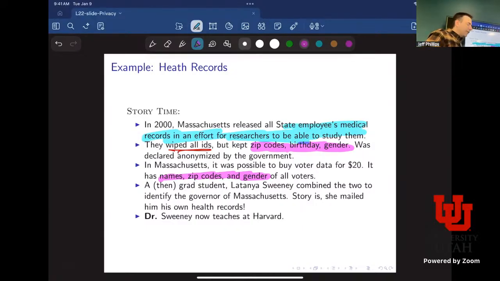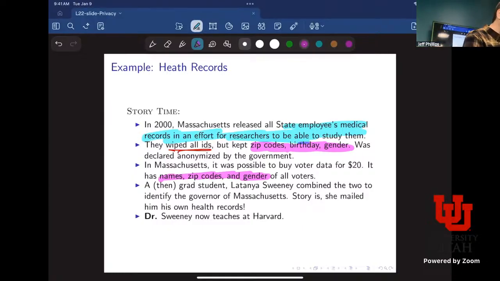So this is a challenge when trying to do privacy in these releases of data. So this was early 2000s, but people said, well, this can happen. It's still important to release data. We still want to do studies.